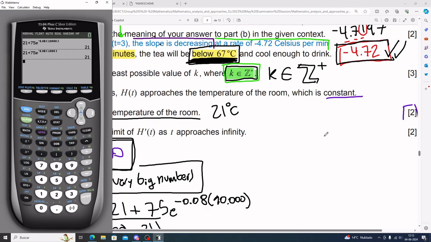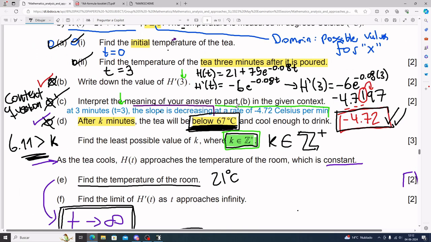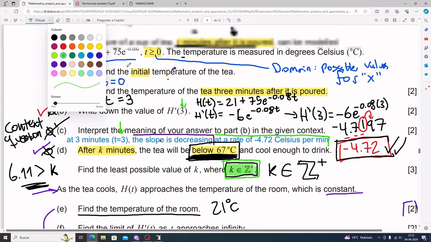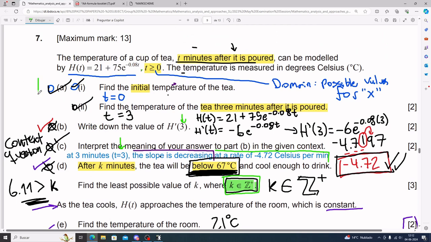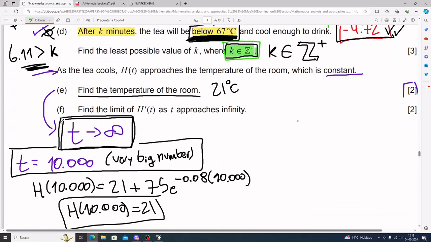See? And here's another test taking strategy I'm going to mention. There's a lot of different tips and tricks that I try to give you guys. On the one hand, remember that in part A I, they were asking for the initial temperature, so it was at t equals 0. And it's not that crazy that in the same problem, instead of asking for t equals 0, they're asking for t to infinity.